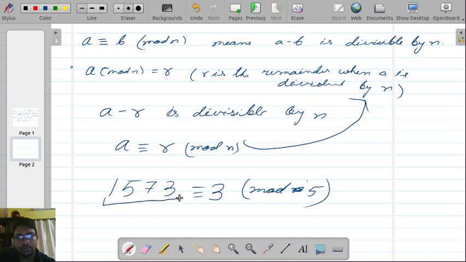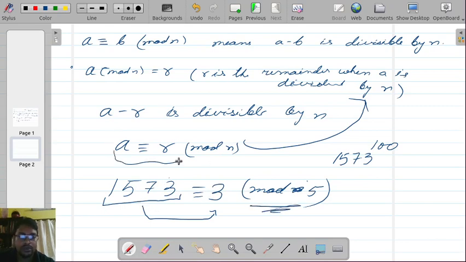Many computations involving these remainders can be simplified by considering modular arithmetic. Suppose I want to find the remainder when 1573 to the power 100 is divided by 5. We can reduce it to a small number using this modulo concept. Any number is congruent to its remainder modulo n.